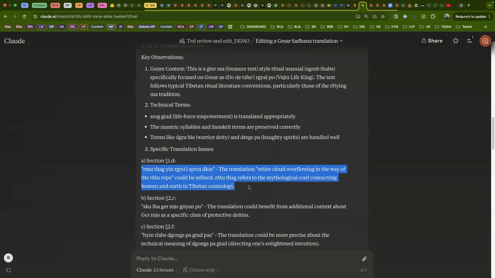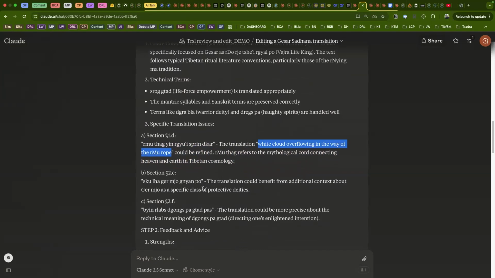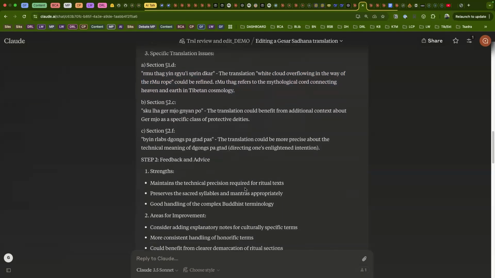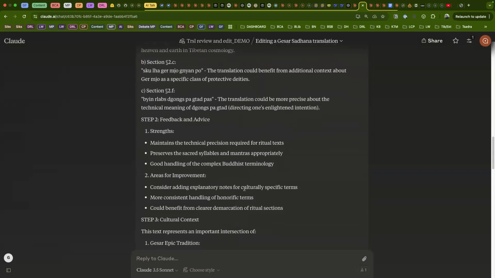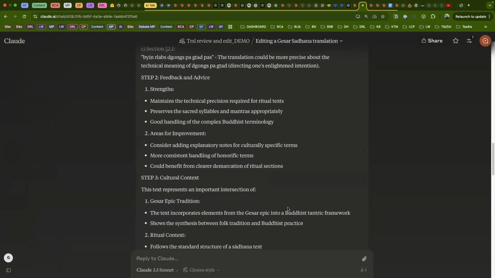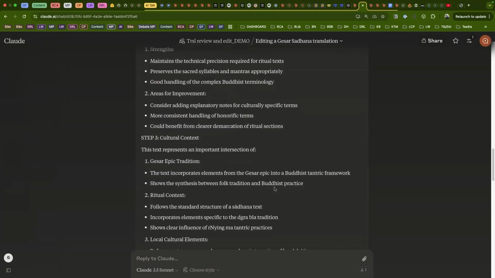So you have a lot of stuff like that. And then here it's making some suggestions, saying we can do better than that. So why not? Let's see. So there's feedback, there's advice, there's areas of improvement. You have an actual editing process taking place here on a basic level.